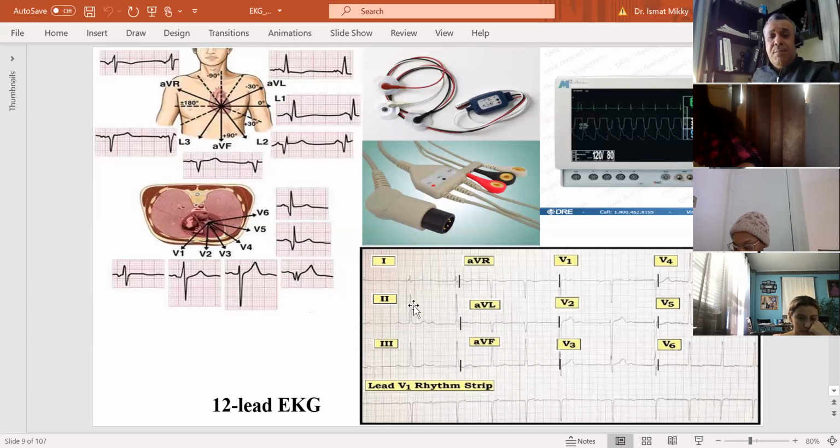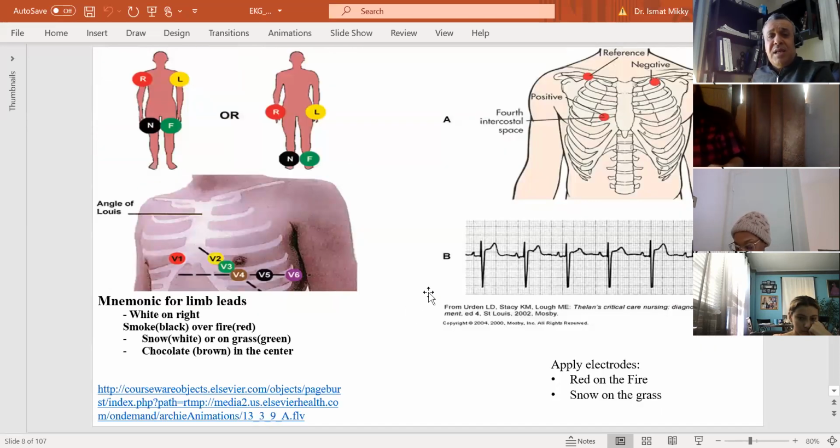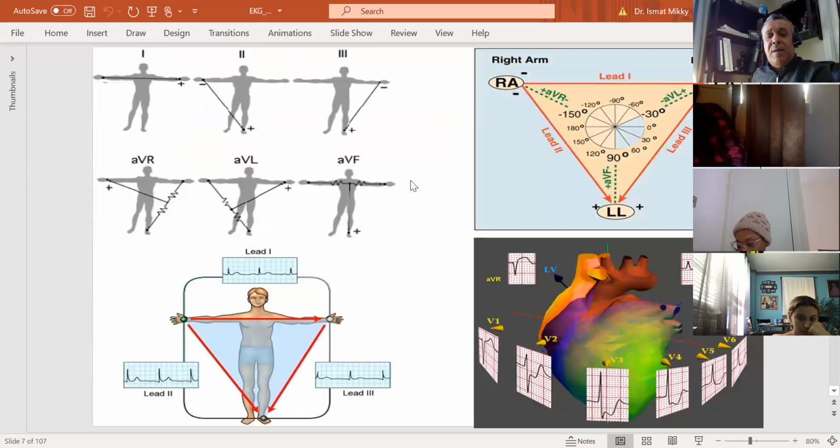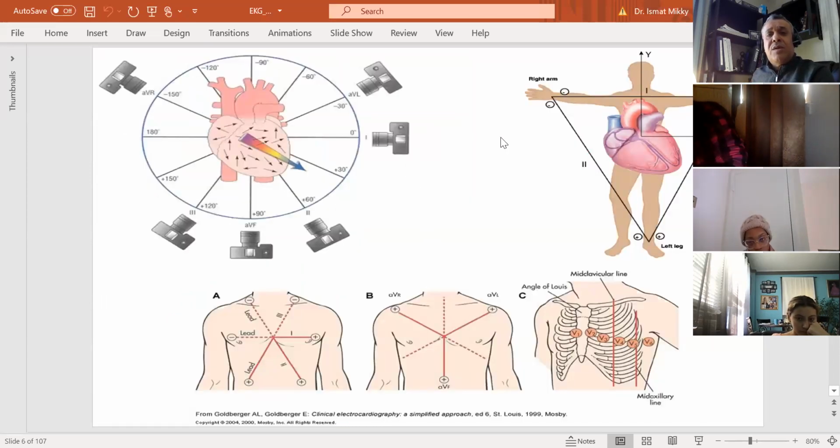It's because when we attach the electrodes to the patient, the machine looks at the heart as a camera. 12 leads means we have 12 cameras around the heart, looking at the heart from different angles. That's why you will have different shapes and different tracings on the EKG strip.